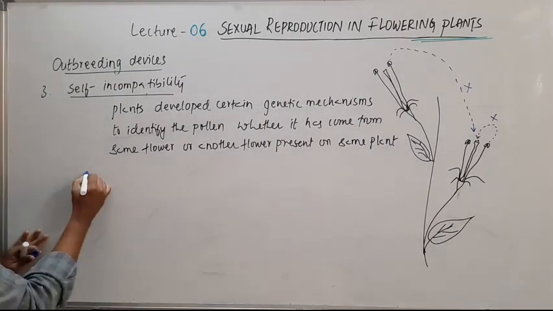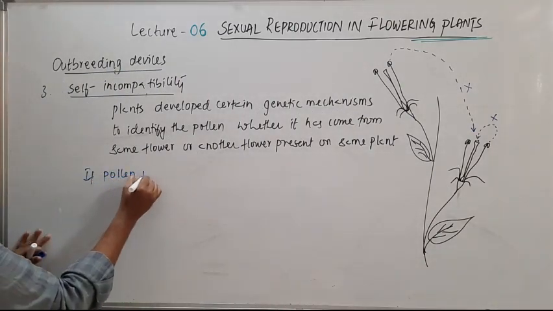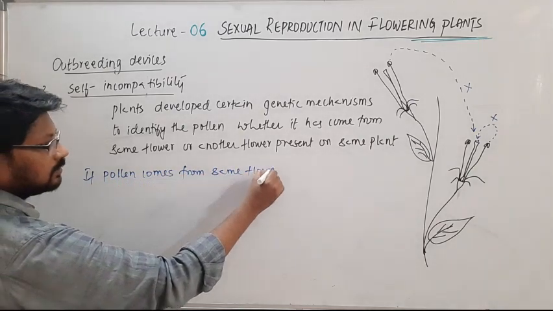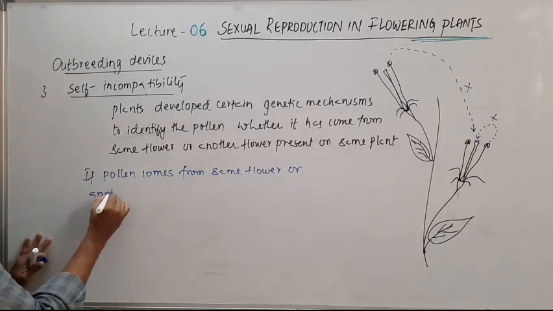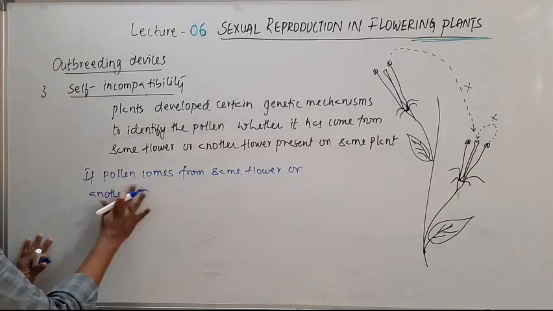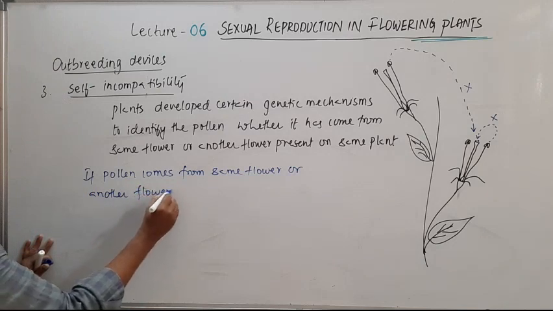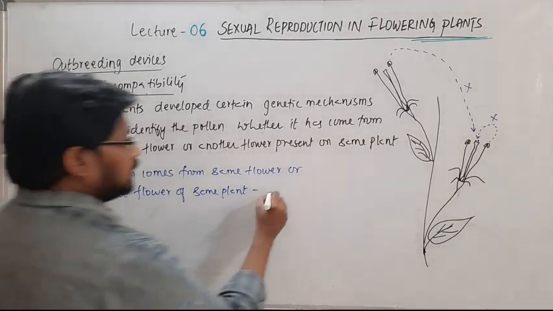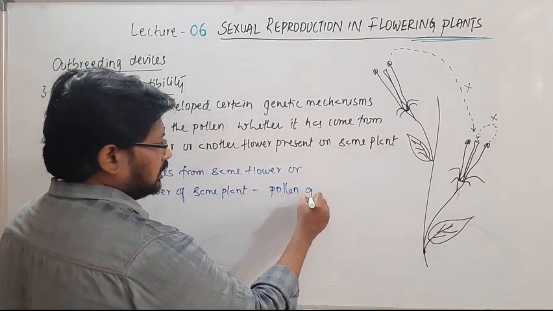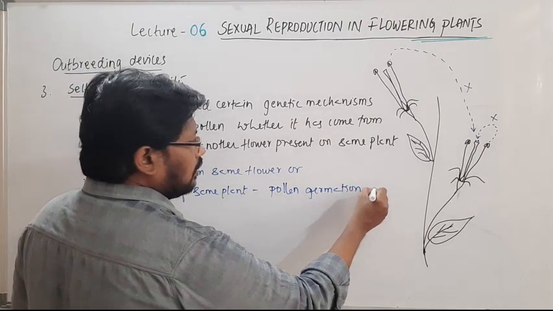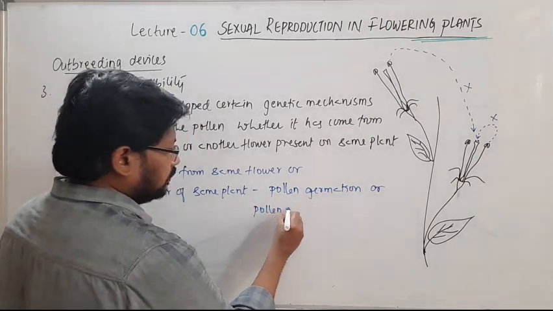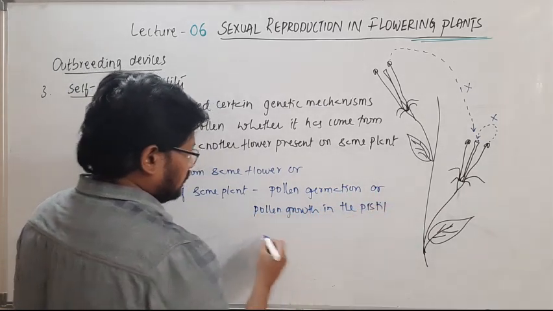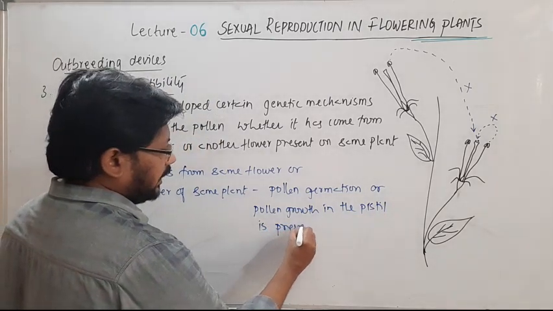So if pollen comes from the same flower or another flower of the same plant, then pollen germination or pollen tube growth in the pistil is prevented.